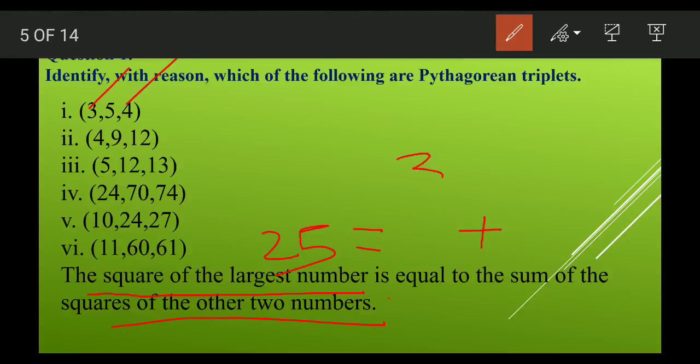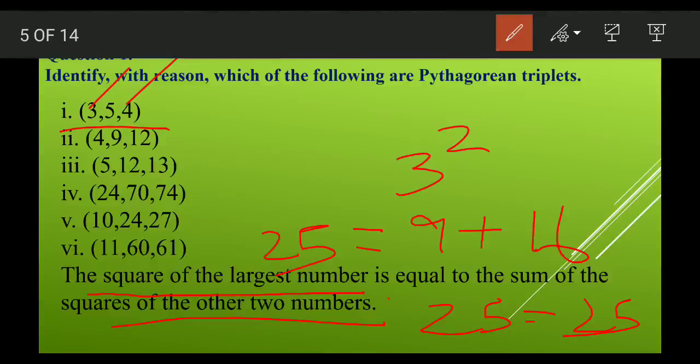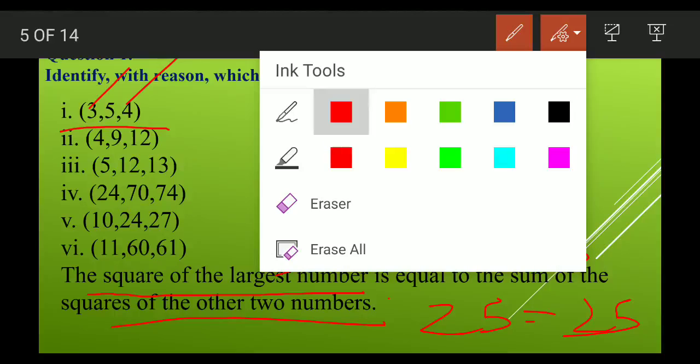The square of 3 is 9. The square of 4 is 16. If I do the addition, what do we get? 25. So 25 is equal to 25. It is equal. Then question number 1 is a Pythagoras triplet. I hope you all have understood. I will show you the method how to solve.